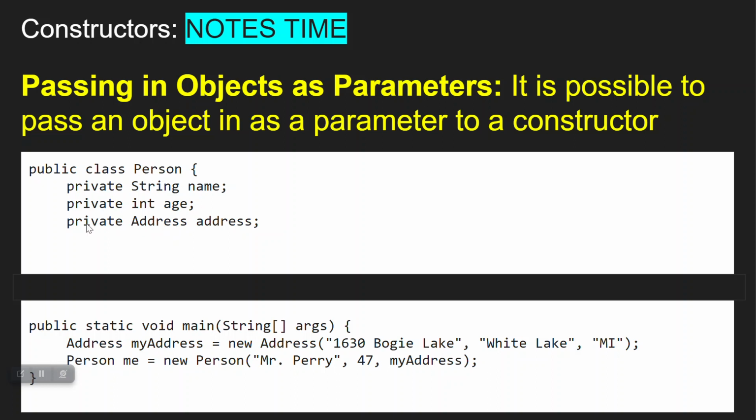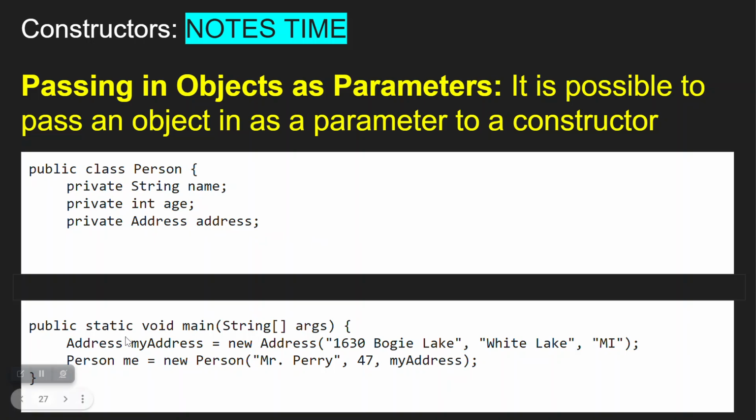And so it's important to put this on your radar that when you're creating a class file, your instance variables can be any data type, including classes that you've created. So private address means, all right, there's a second class outside of this person class called address that must contain this.